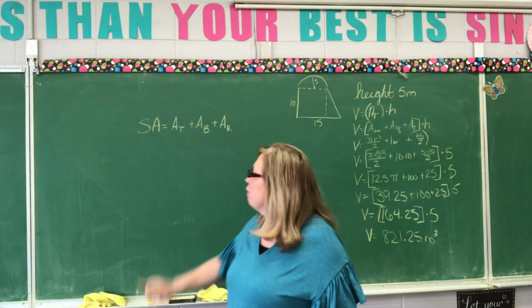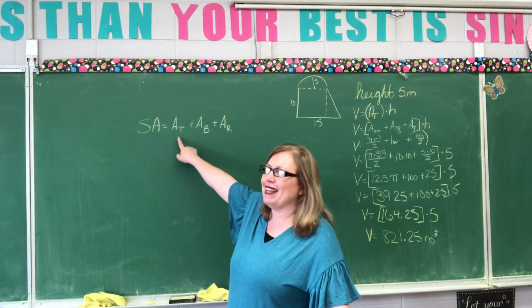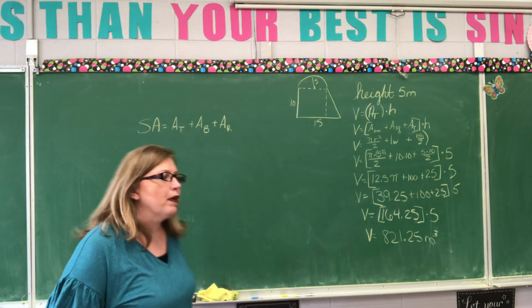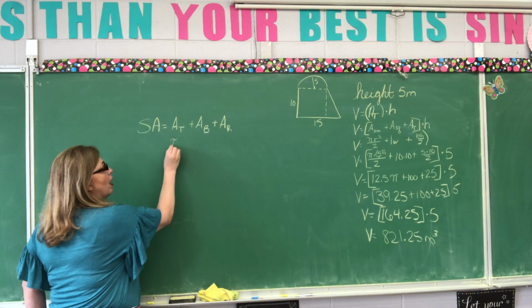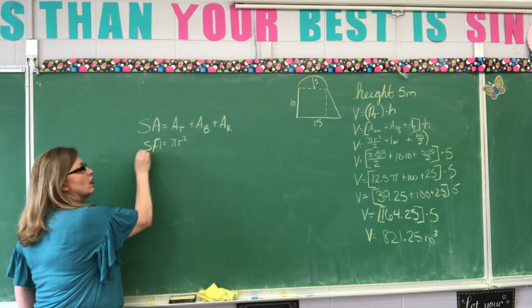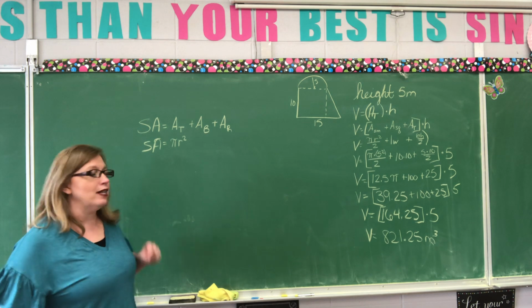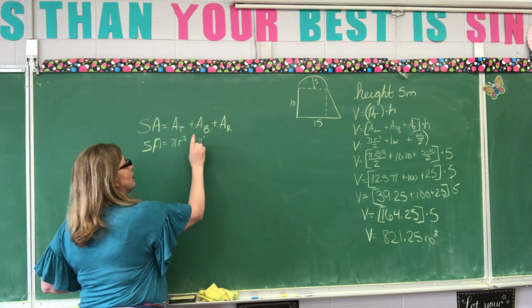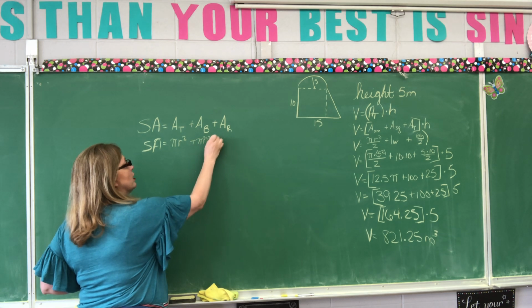But if I'm looking for surface area and I've got to find the area of the top, what's my formula? My formula is pi times radius squared. Since it's pi times radius squared for the top and the bottom, we're going to write that up here, pi times radius squared.